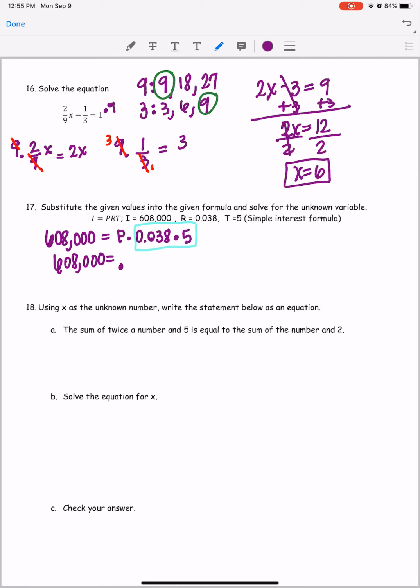So I get 0.19 P. Okay, since that's being multiplied, so now that's 0.19 times P. And now we just need to divide once. So I'm going to get P equals 3,200,000.